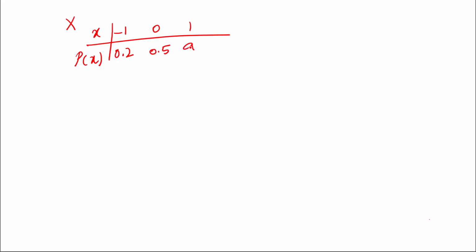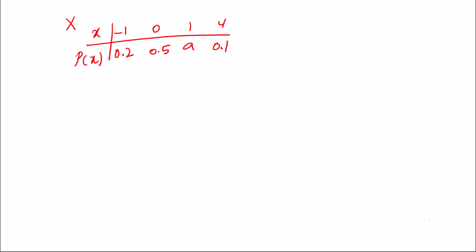And the last example is here. Suppose we have a discrete random variable x, and it has a probability distribution like here. We have x and p of x. For -1, it's 0.2. For 0, it's 0.5. For 1, we don't know how much it is. And for 4, it's 0.1.